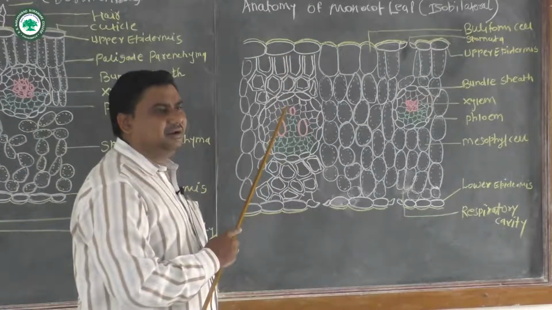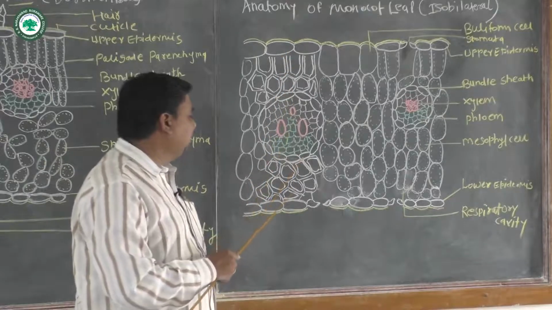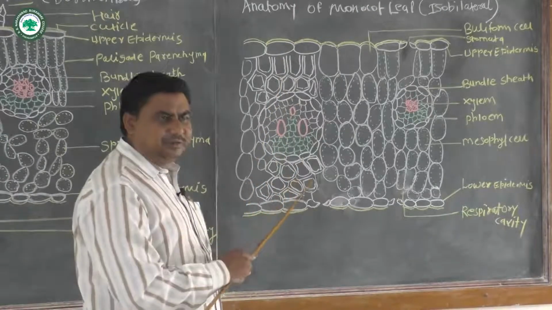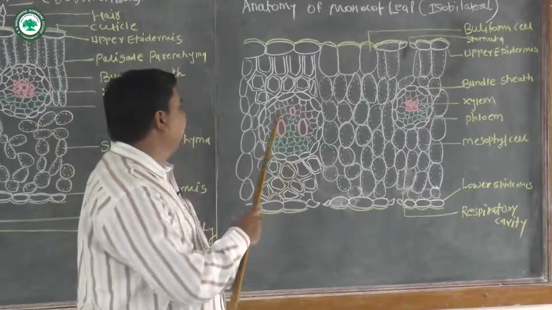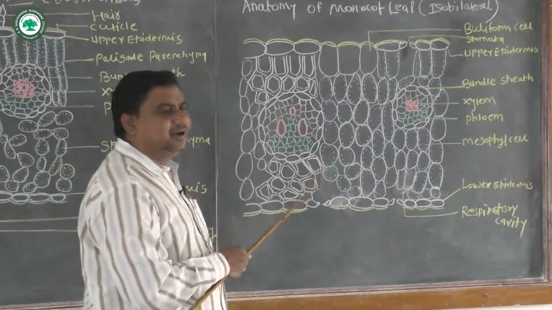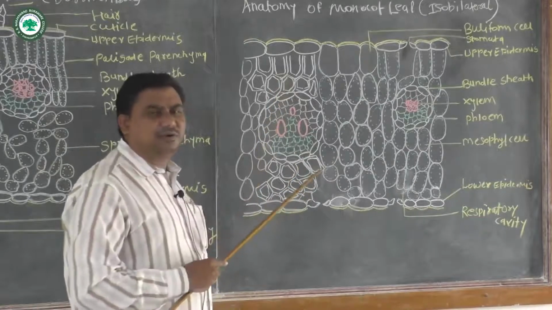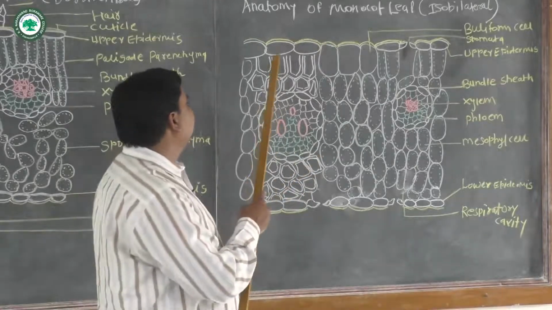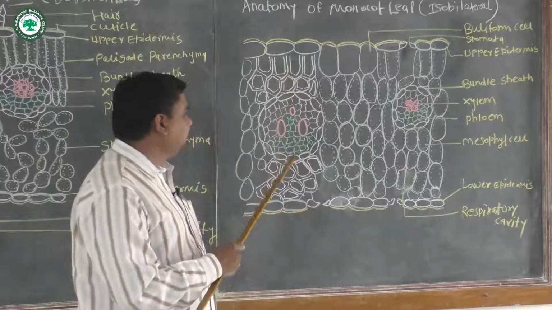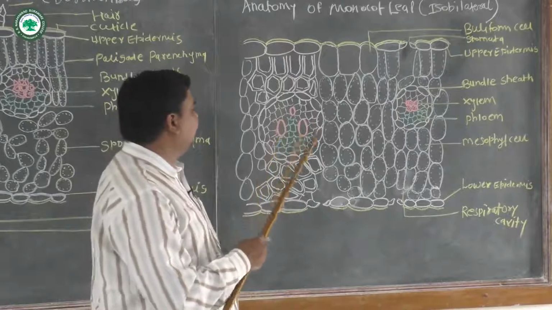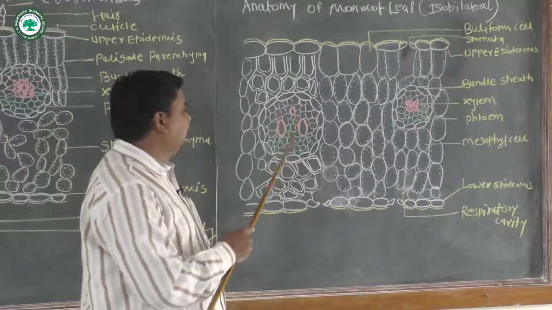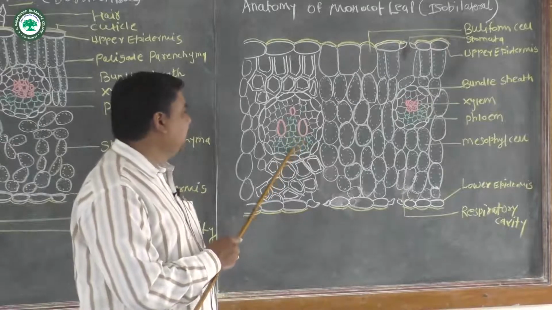Above the vascular bundle and below the vascular bundle, up to the upper and lower epidermis, there are scattered collenchymatous cells, which we call the bundle sheath extension. Okay friends, this vascular bundle is made up of the bundle sheath, xylem and phloem.